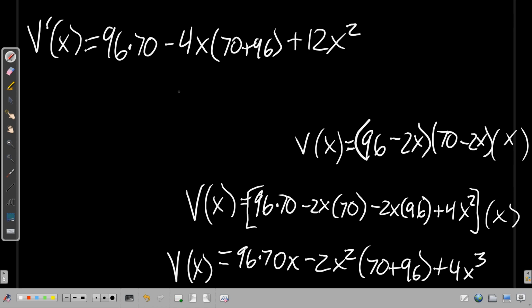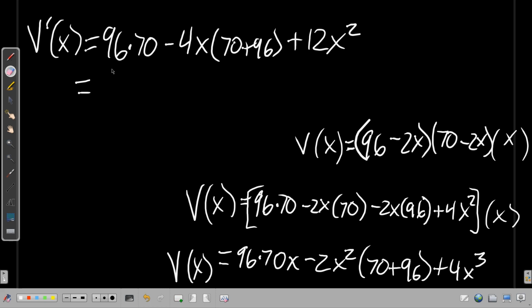This is a quadratic function. So it's going to have two zeros. And let me factor out the greatest common factor so I can make it easier on myself to factor this thing.